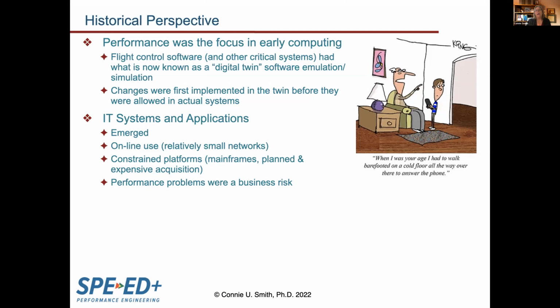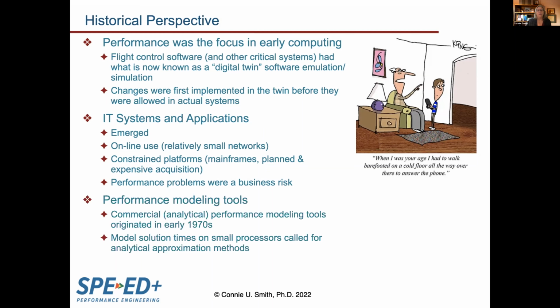And performance problems, if it fails, were actually a business risk. The business could fail if it was highly dependent on these systems. So at that point in time, these mathematical models were quite important to study software before it was built to make sure that you did prevent the performance problems.